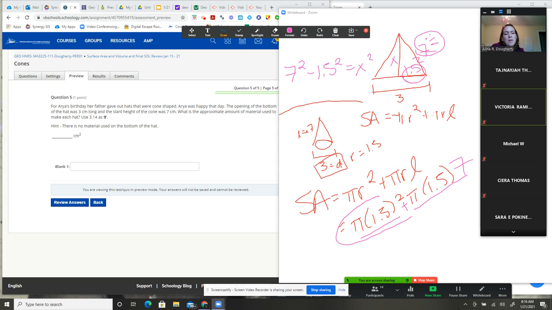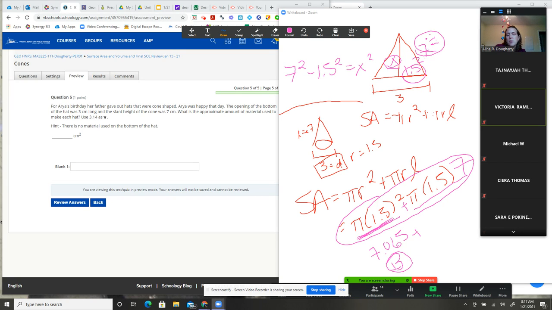So you want to do this. You actually don't need to find that height. I'm getting flustered because my computer is doing weird things. So 3.14 times 1.5 squared. This piece is going to give you 7.065. That's the circle base.